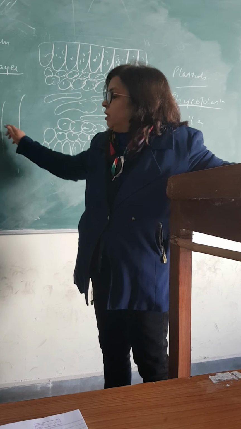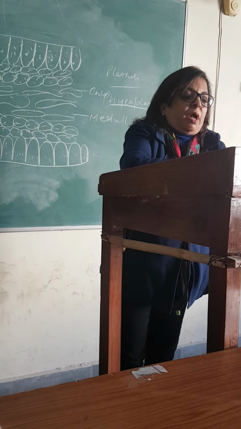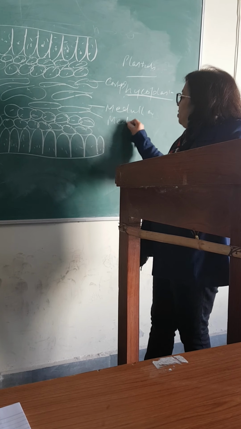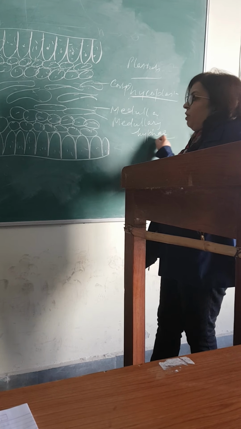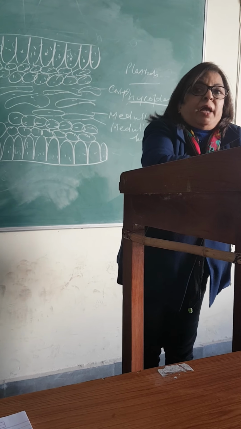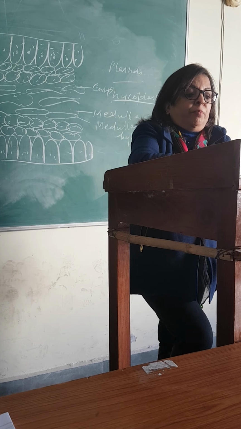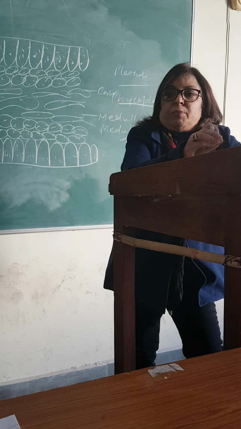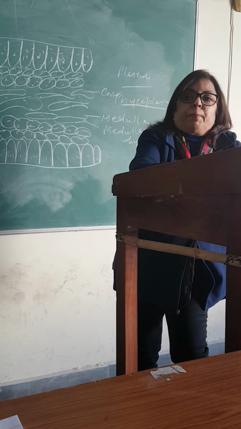So the medulla represents the middle region of the frond, and these tubular cells are also known as medullary hyphae, because they look like hyphae. These medullary hyphae contain thick mucilaginous walls around them, and that is why they look swollen up.